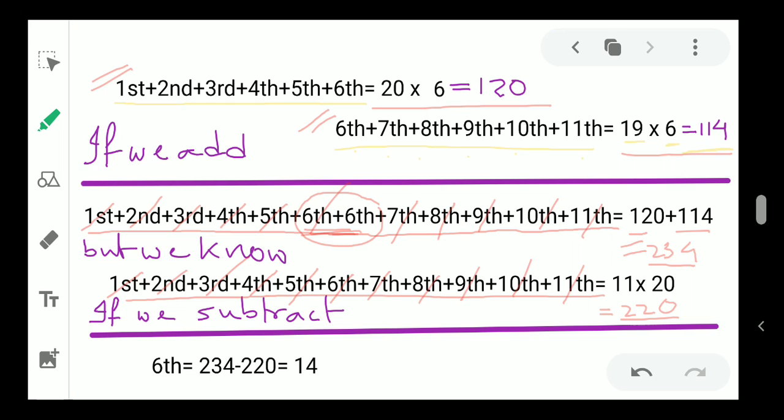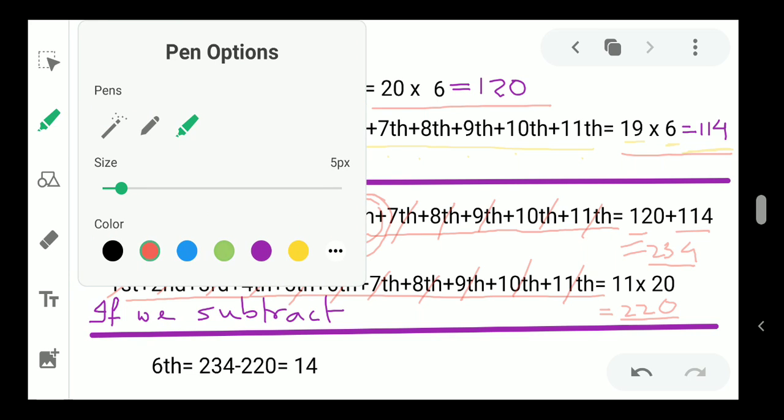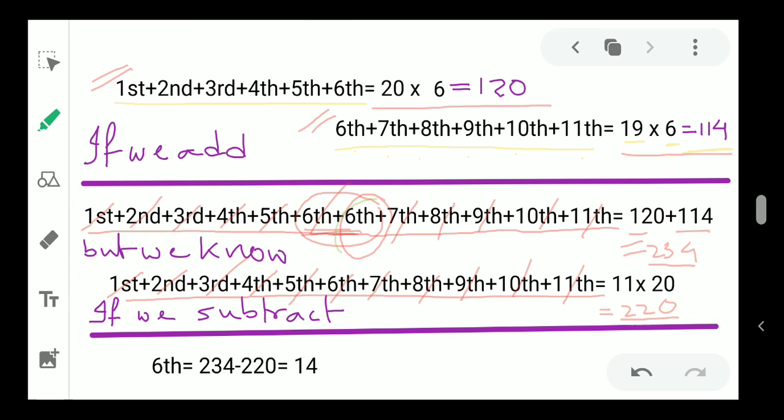So they will cut each other, but what will be left over? Left over will be this 6. I'm showing again. So this 6 is left over, right? So I have got the middle number, that is the 6th number. So if we subtract, we will get that number, that is 14.